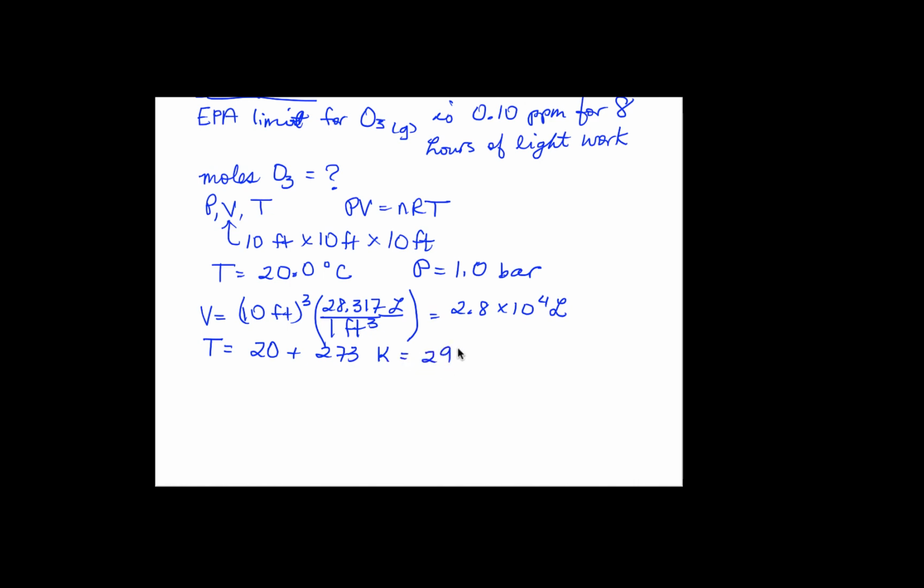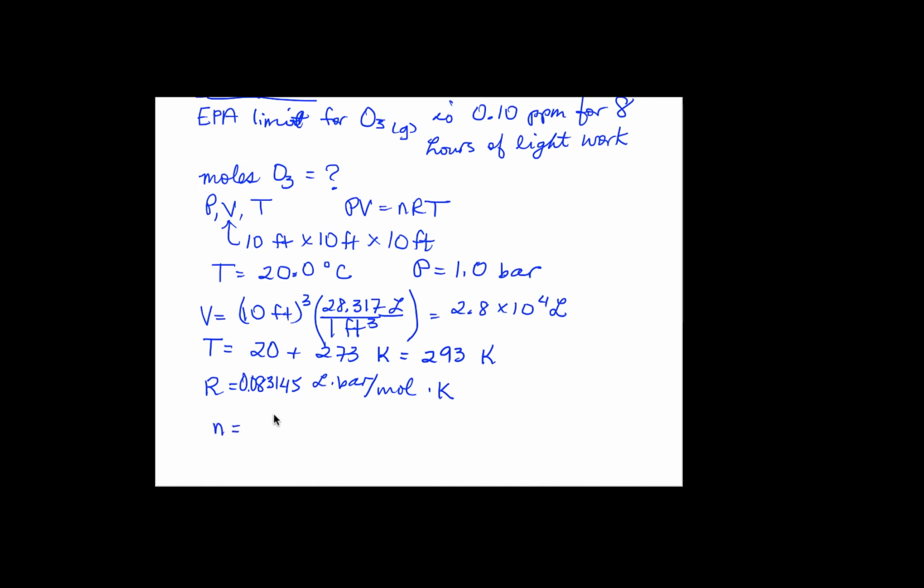So that's 293 Kelvin. And then I can pick a gas constant that is useful to me. 0.083145 liter bar per mole Kelvin is one that will help me get the units I want.